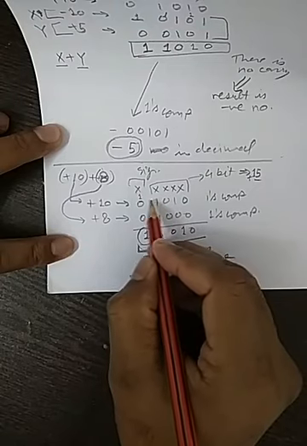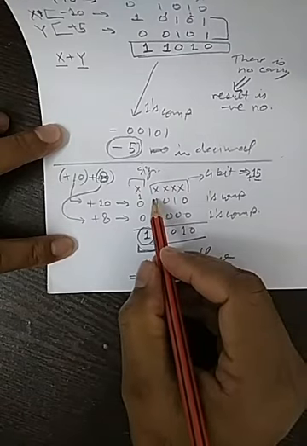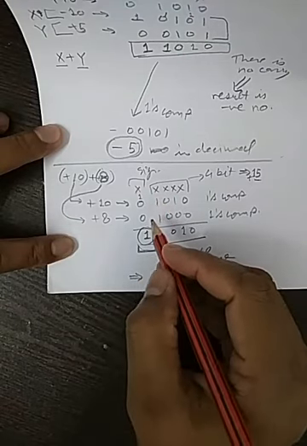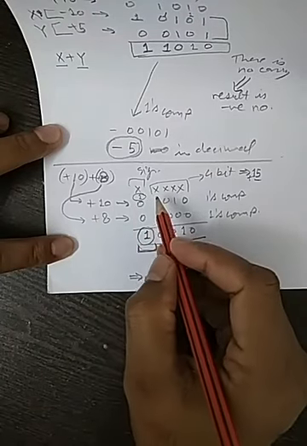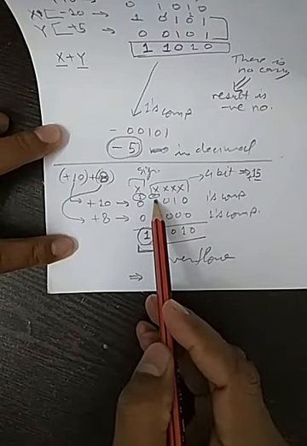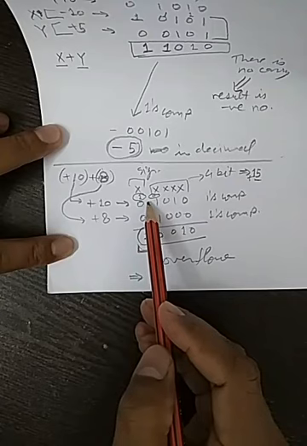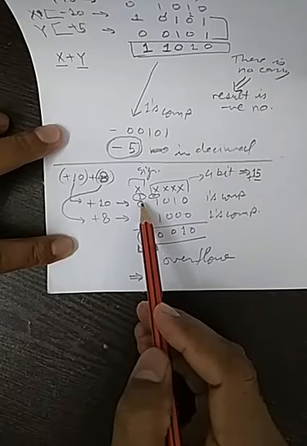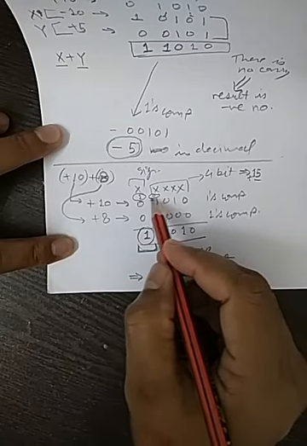So overflow is detected with the help of the carries at the last two MSBs. Okay, so this one and this one. So carry coming into the MSB and carry coming out of the MSB. So what are these two values?